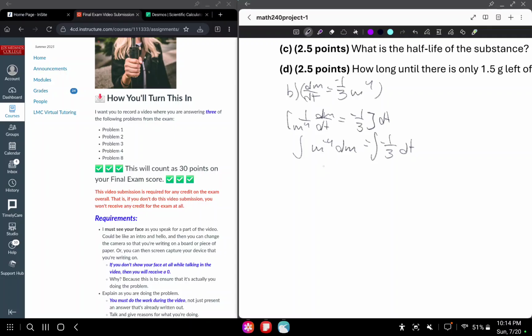Minus that 1/3 m to the -3 equals -1/3 t plus c.